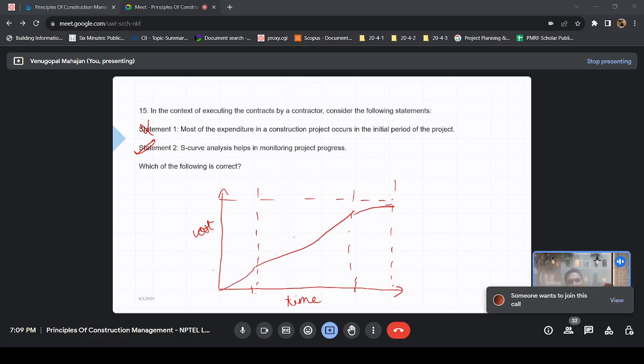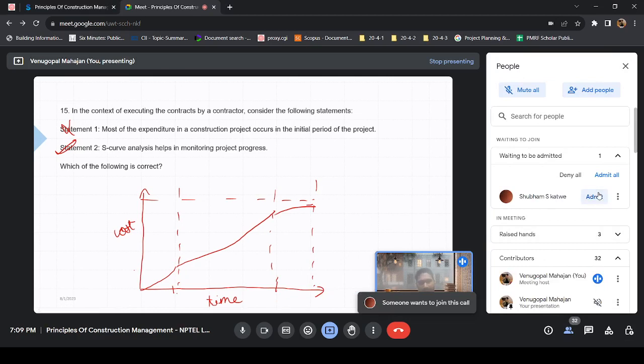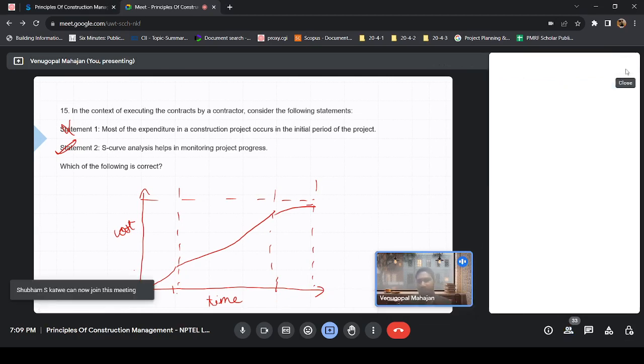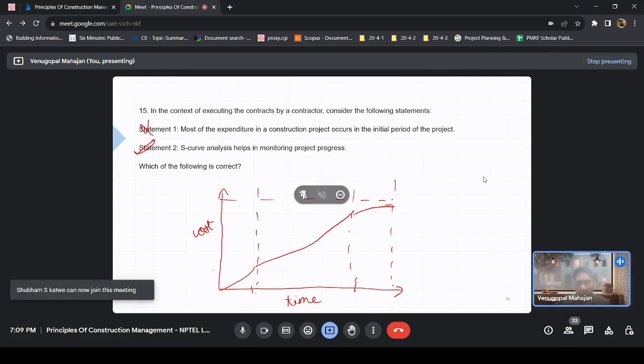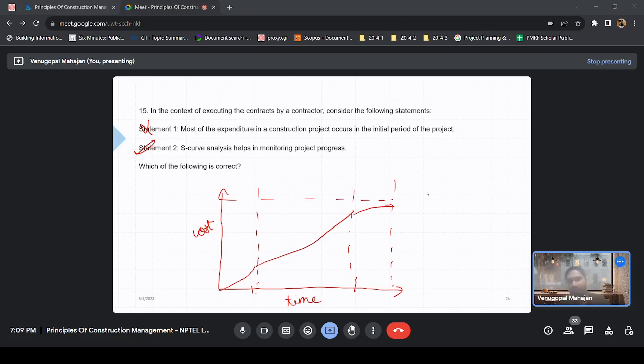The slope is higher here, the slope is lower here. You will learn about this in detail when we discuss project control, and we'll discuss project control very soon. So yeah, it helps in monitoring the project progress.